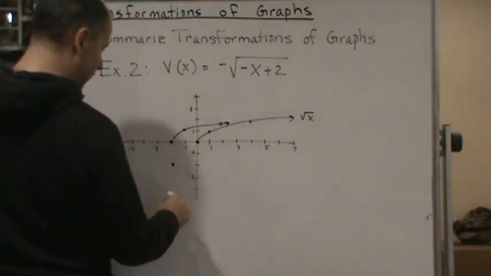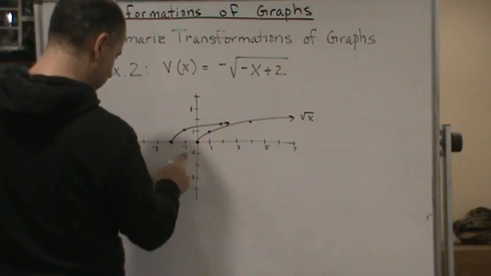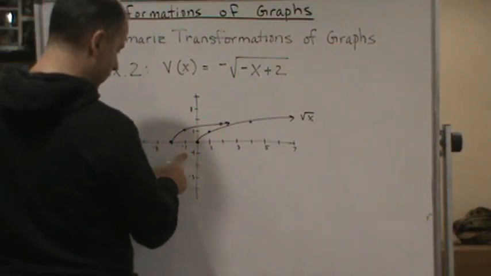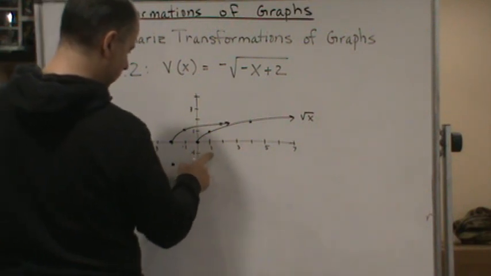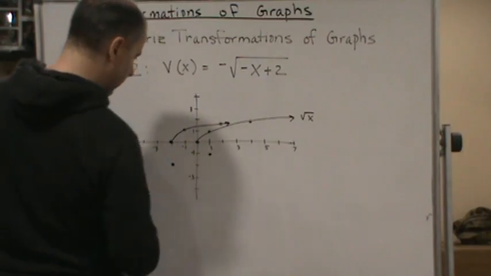Now, this point here is reflecting across the x-axis, so this is going to go from 1 to -1, but then it's going to go from -1 in the x direction to +1. So this is going to go to right there.